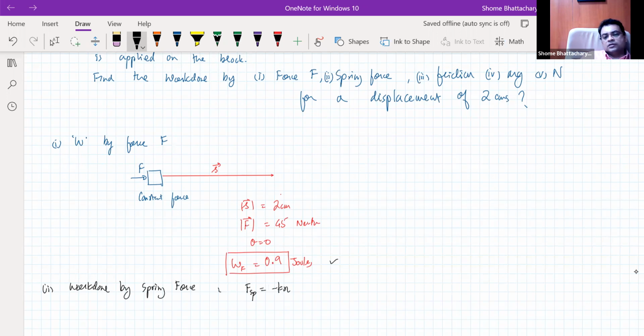So here, when a spring is at natural length, L is called the natural length, the spring force is 0 when the spring is relaxed.